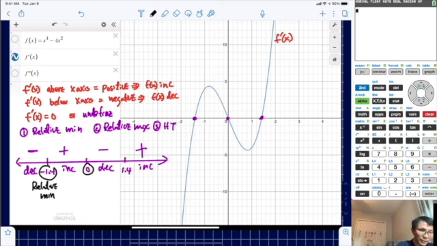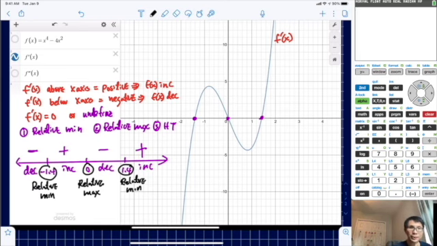And if it's increasing to decreasing, it means it goes up and comes back down. That's a relative max. And here it's going to be a relative min.